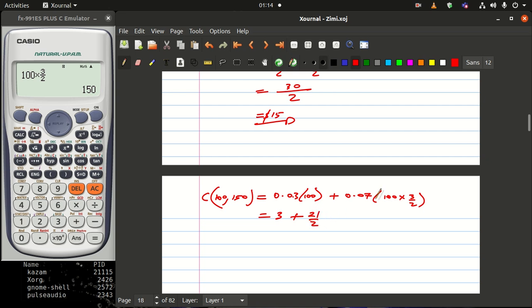So that is what is important. 7 times 3 is 21 over 2, and then 3 is the same as 6 over 2. Of course, 6 plus 21, that is actually 27 over 2, because the common factor is a 2. And then how many 2's out of 2? We have 1, and then there is no remainder. How many 2's out of 7?